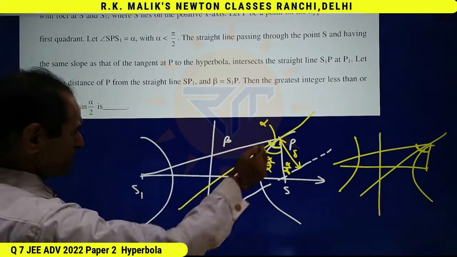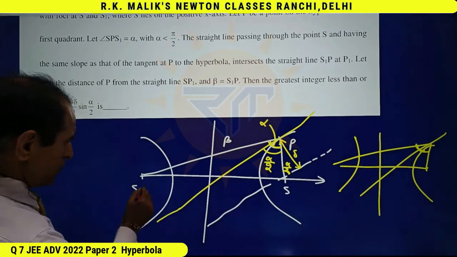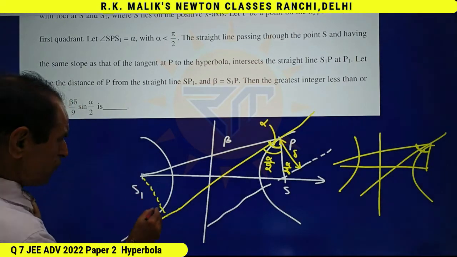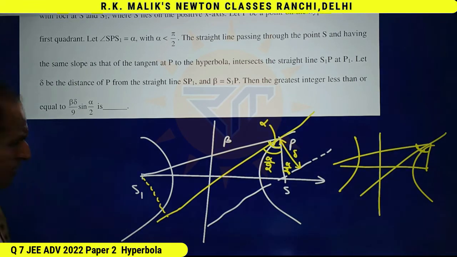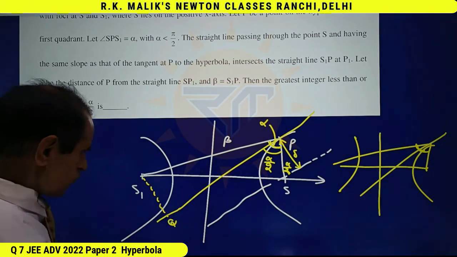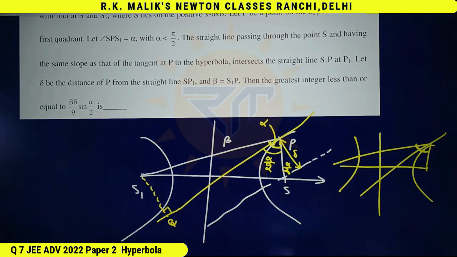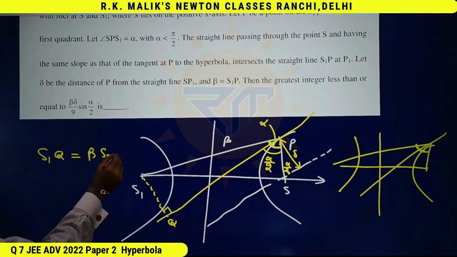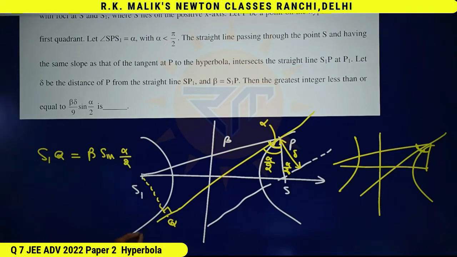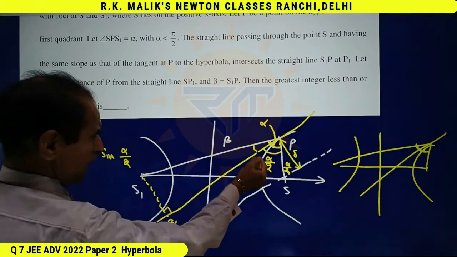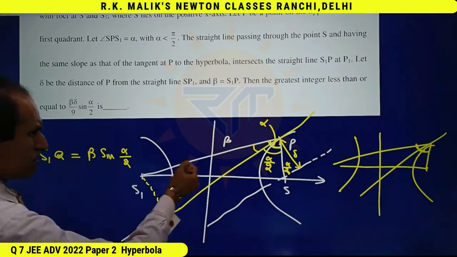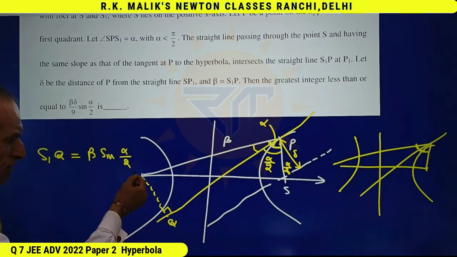Clearly, because this length is beta, if I draw perpendicular from focus on this tangent, say this point is Q, angle will be 90. It is clear that S1Q will be equal to beta sine alpha by 2, because this angle is alpha by 2 and this length is beta, hence this length will become beta sine alpha by 2.